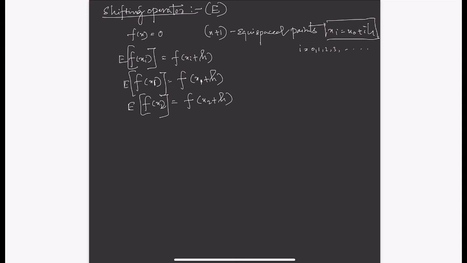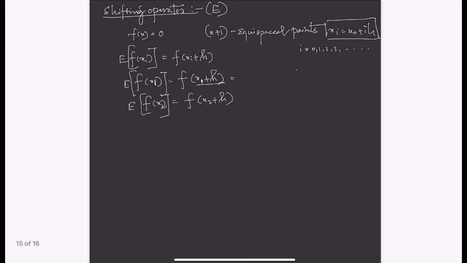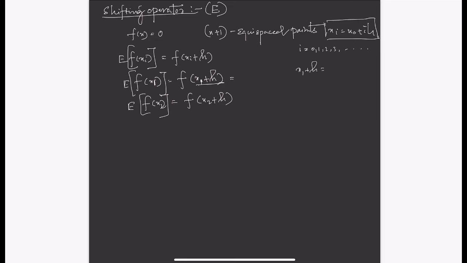So f of x1 plus h is nothing but what? x1 plus h is nothing but x2. So this is nothing but f of x2, and this is nothing but f of x3. So E of f of xi is nothing but f of xi plus h, that is nothing but f of x(i plus 1).